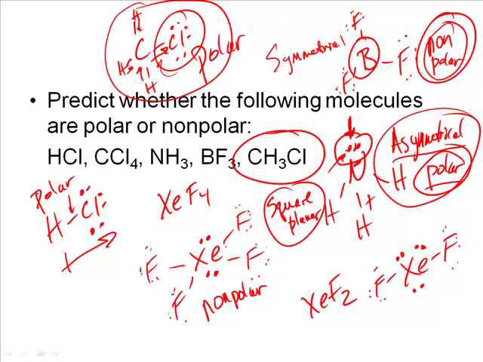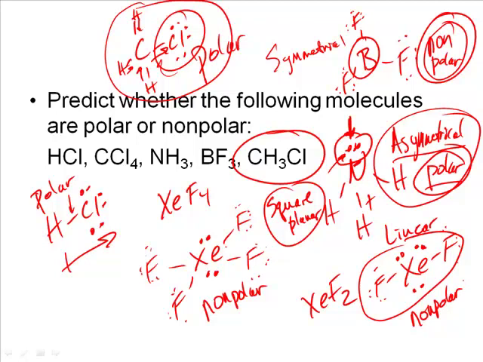This is the trigonal pyramidal one that's had the whole triangle taken off, and it goes all the way back to a linear shape. So that one right there, the fluorines cancel each other out. The triangle of electrons cancel each other out. So this one is also nonpolar.